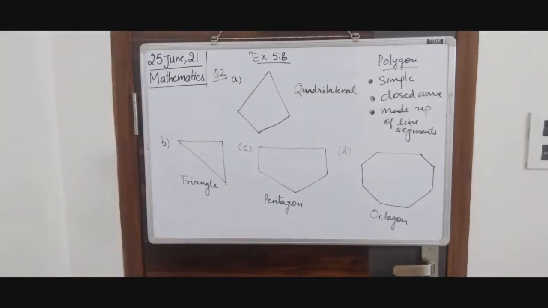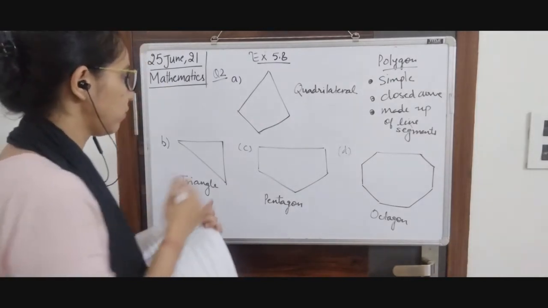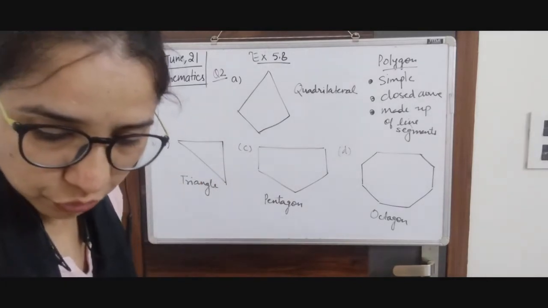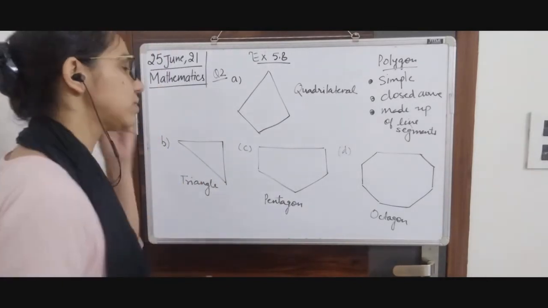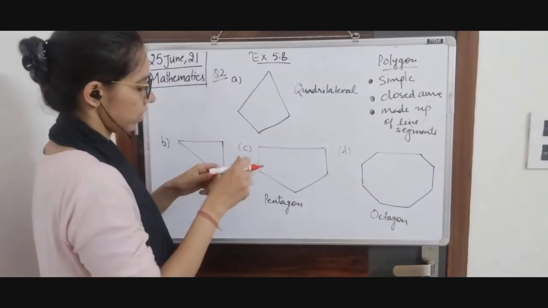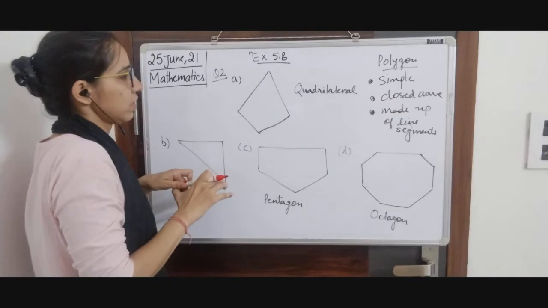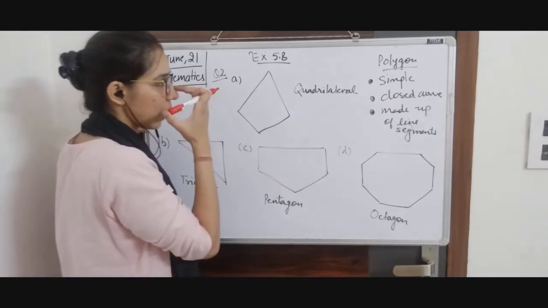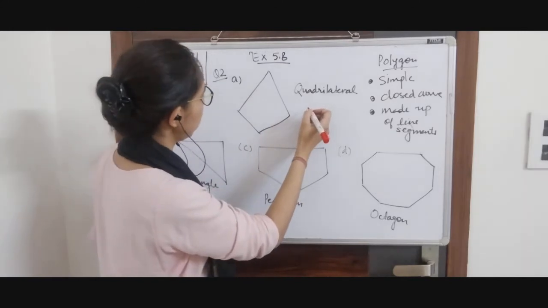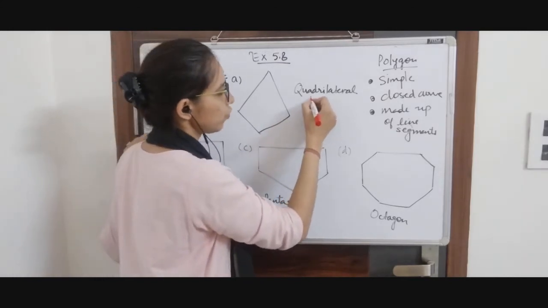We have named them. Now we have to make 2 more for each of these. Because I don't have space, I am going to make small figures. I hope when you are drawing in your copies, you will keep enough space and you will represent them neatly. So quadrilateral, 2 more examples.